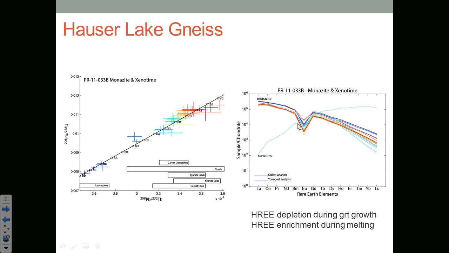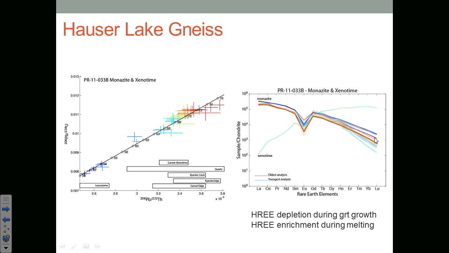And when we look at that in terms of the geochemistry now, this is just a Concordia diagram that plots the thorium-lead ratio versus the 206 lead 238 uranium ratio. And these are color-coded from oldest to youngest. So the oldest are coded red, the youngest are color-coded blue, and the same colors are used on this rare earth diagram. So we're looking at the rare earth chemistry change as a function of age.